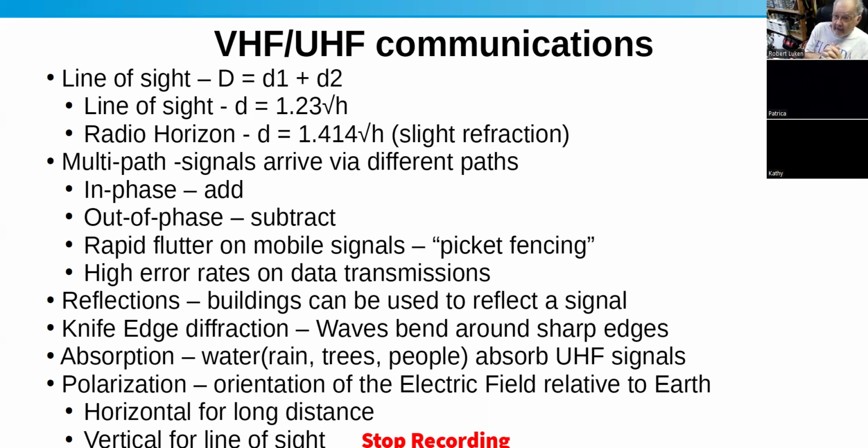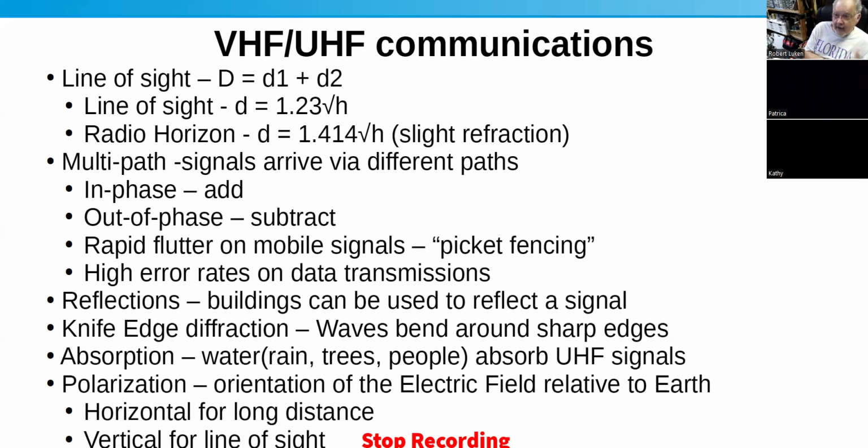If you happen to be moving, like in a car, or if you had your handy-talkie and you were out on your morning jog, you could also get picket fencing because of the change in the paths as you move.